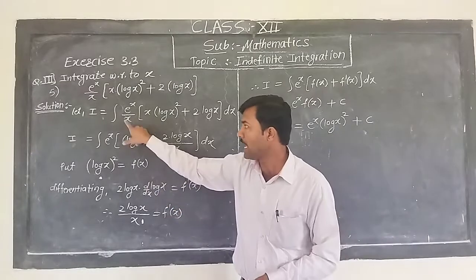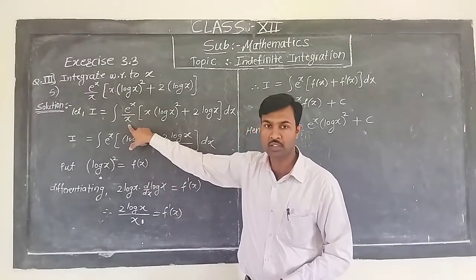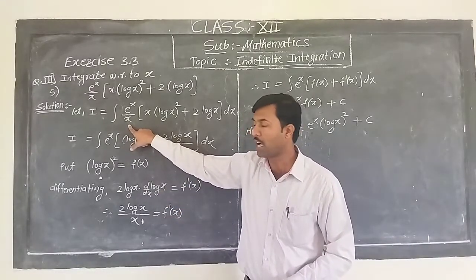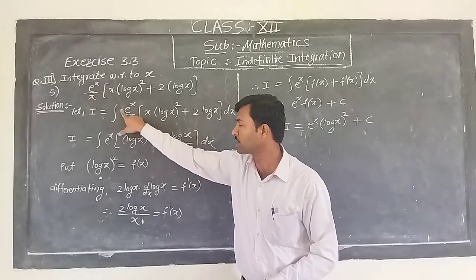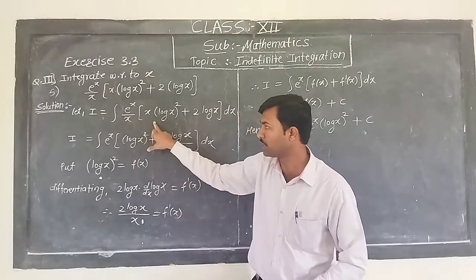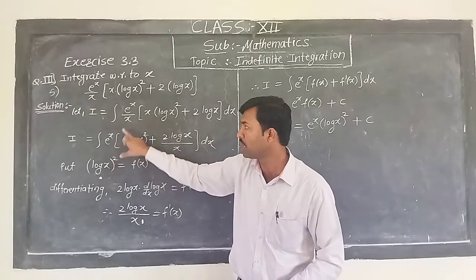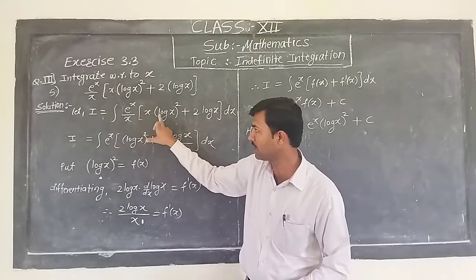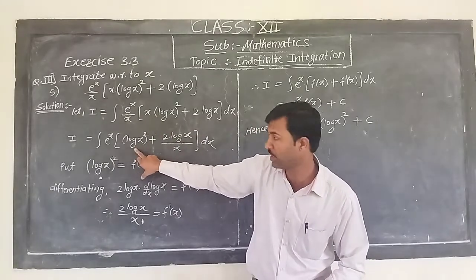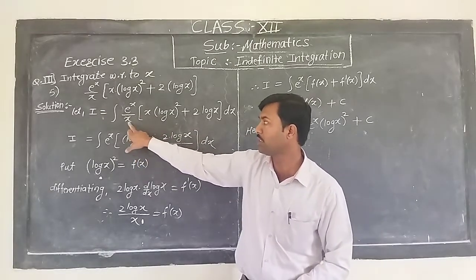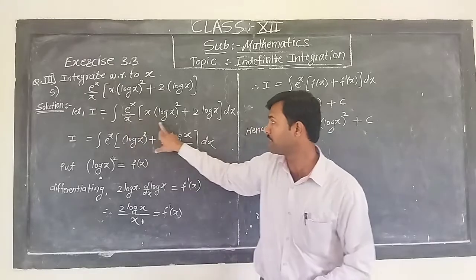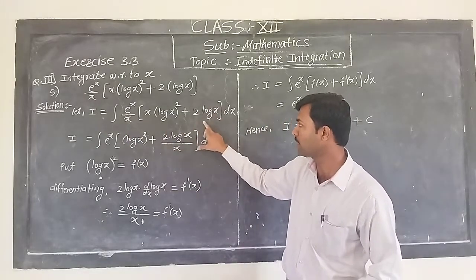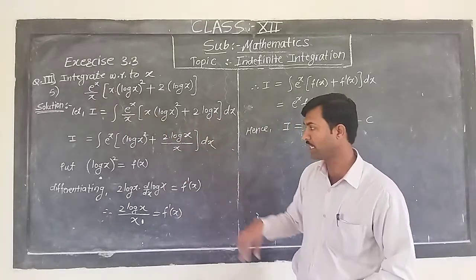Now, as this x is in the denominator with e raised to x, I multiply this bracket by 1 upon x, so that it becomes e raised to x into, after dividing by this x, the numerator x gets cancelled, the remaining term is log x whole bracket square plus, after dividing by this x, this term will be 2 log x upon x into dx.